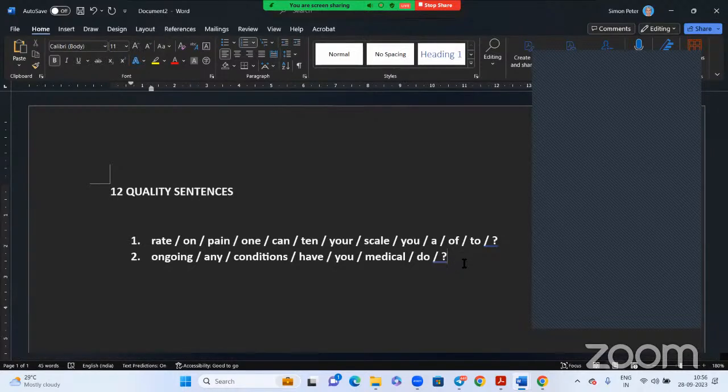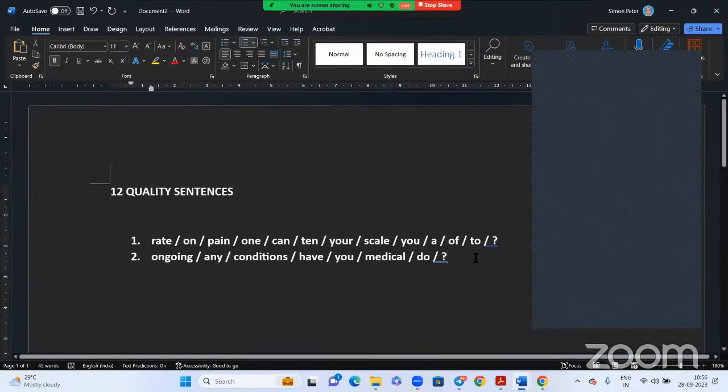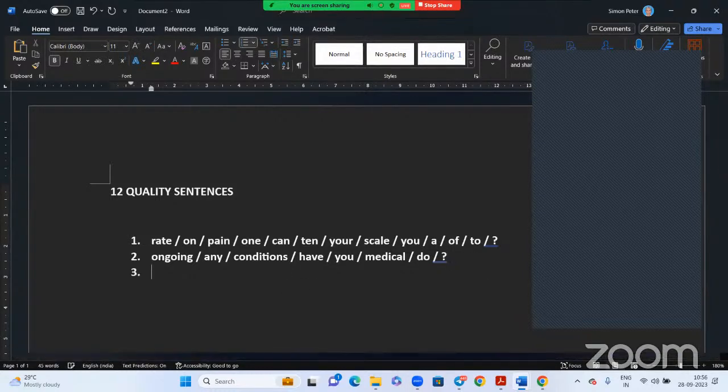Simran, one word is missing. These sentences, use them as they are without changing them.